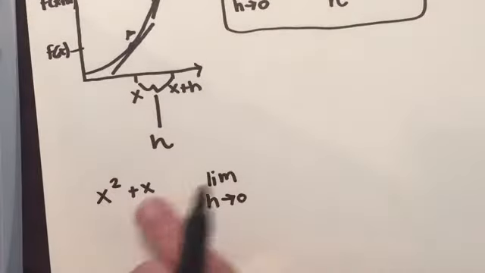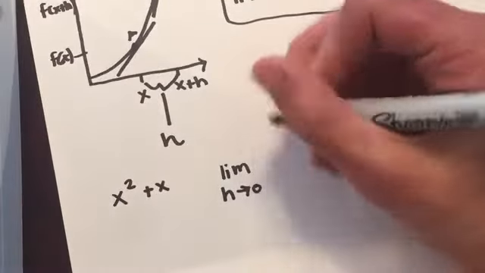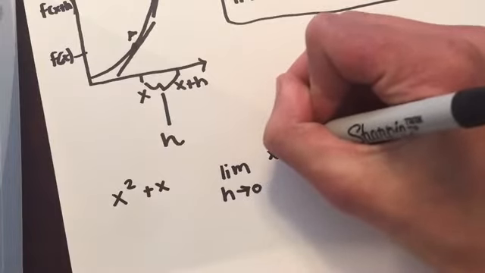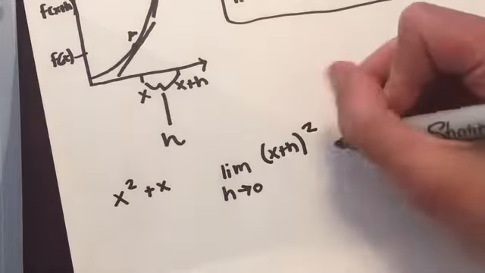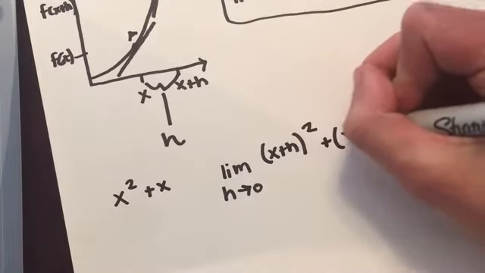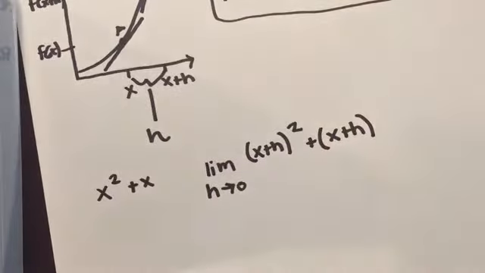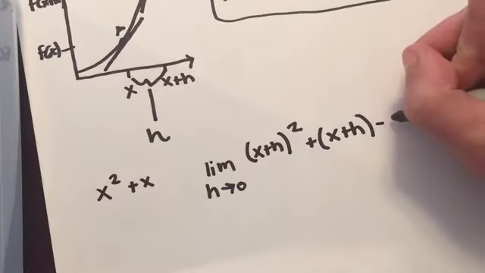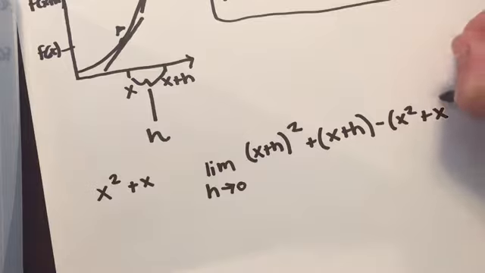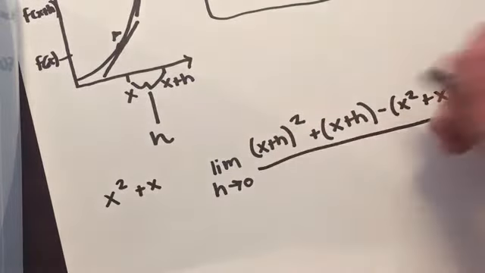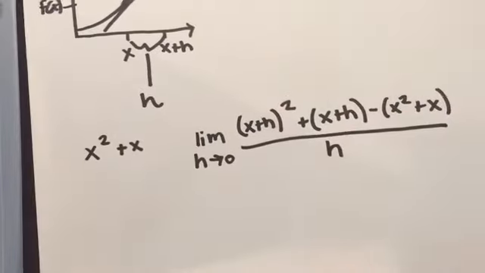So we're going to do x plus h squared plus x plus h minus x squared plus x, all over h.